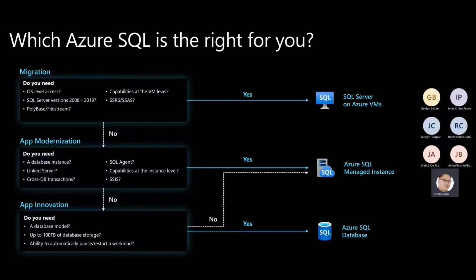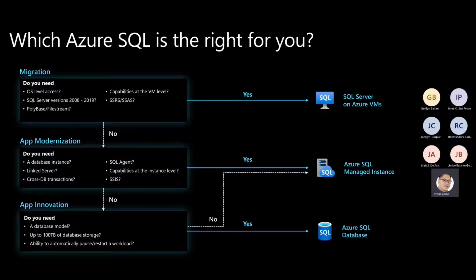If you are using other capabilities at the virtual machine level, that is only available to you if you migrate to SQL Server on Azure VM. And lastly, if you are using SQL Server Reporting Services and SQL Server Analysis Services for your business intelligence capabilities and other reporting capabilities, and you need to access these services, then your only option is to migrate to SQL Server on Azure VM.